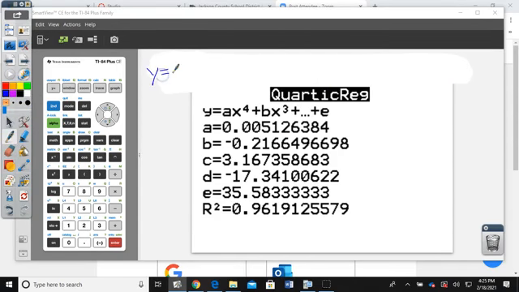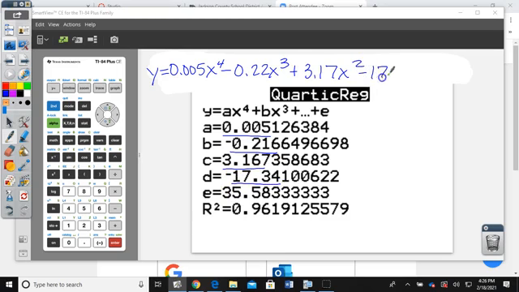So we're going to have y equals 0.005 x to the 4th minus 0.22 x to the 3rd, and then we got plus 3.17 x squared, and then negative 17.34 x, and then last but not least plus 35.58.